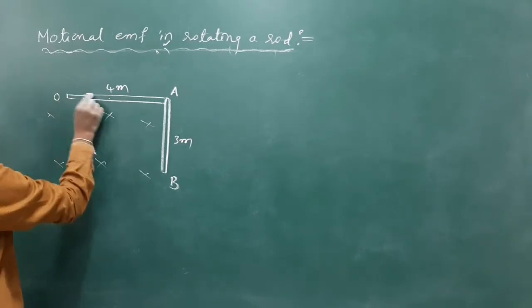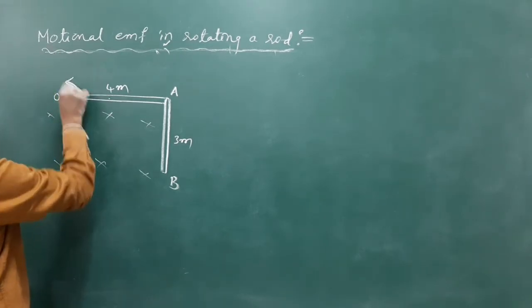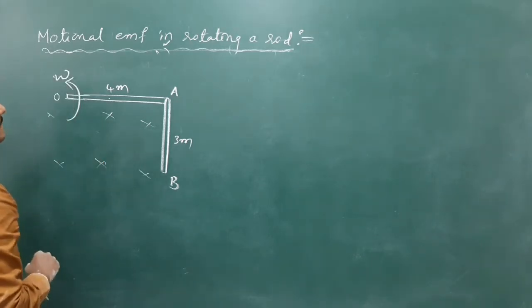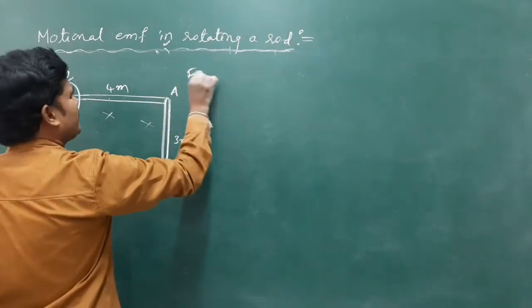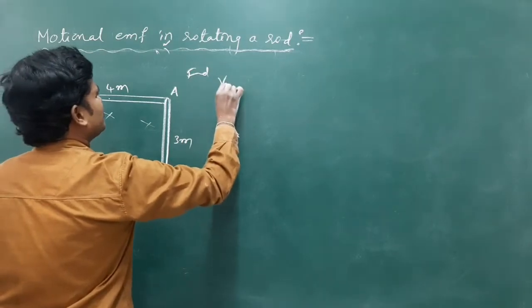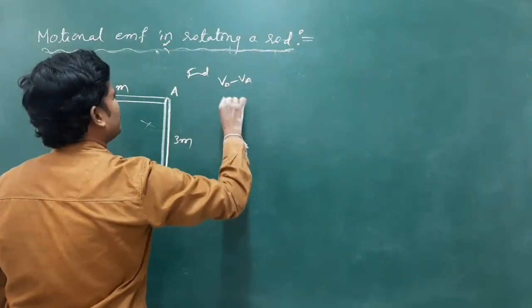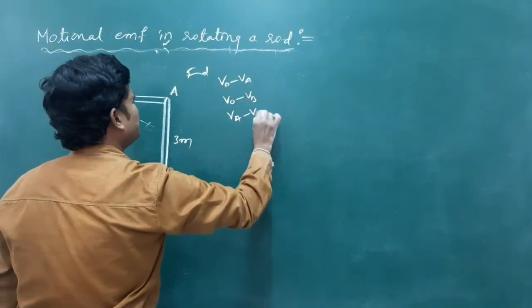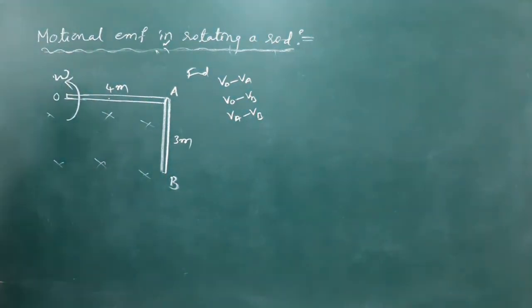Or you can take up or down, that's not a problem, the direction of induced current will change. So omega. Now the questions are to find VO, VA, VO, VB, VA, VB. Same questions: the potential difference between O and A, O and B, A and B. You find it.